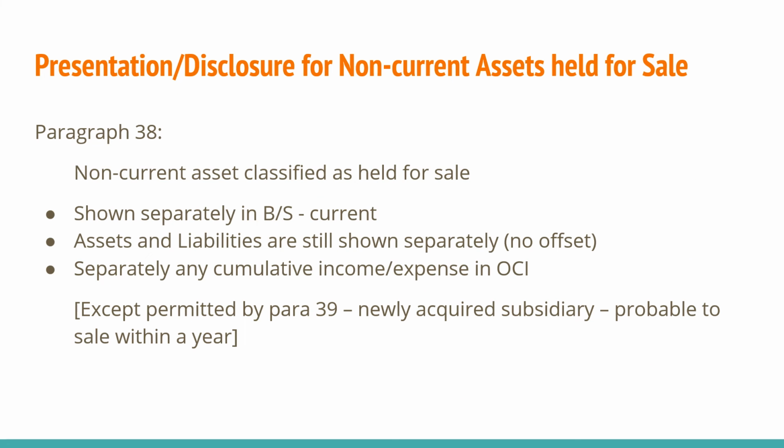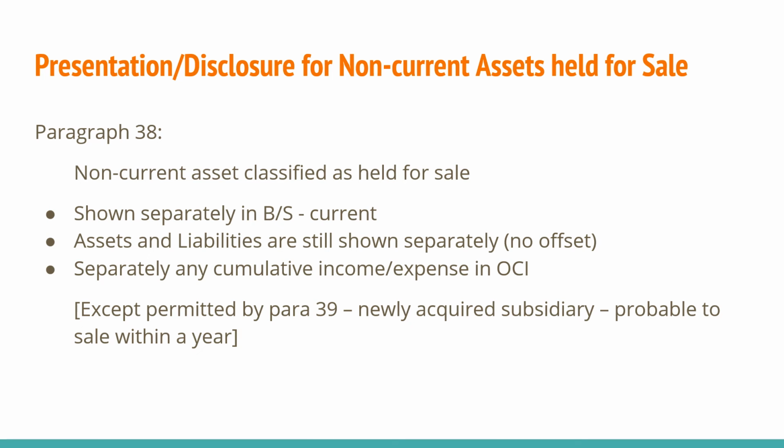And now moving to the last section of IFRS 5, paragraphs 38 to 42 cover the presentation and disclosure of non-current assets held for sale. The keyword for paragraph 38 is separate disclosure and presentation.